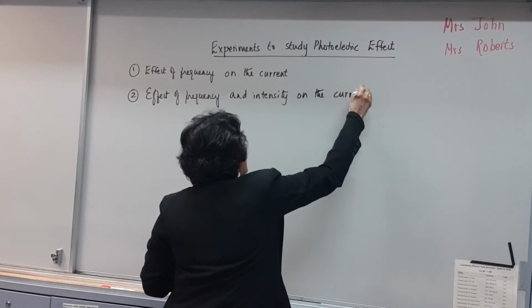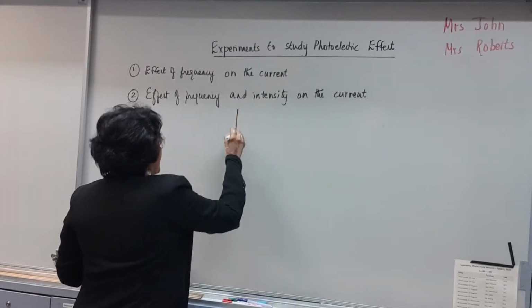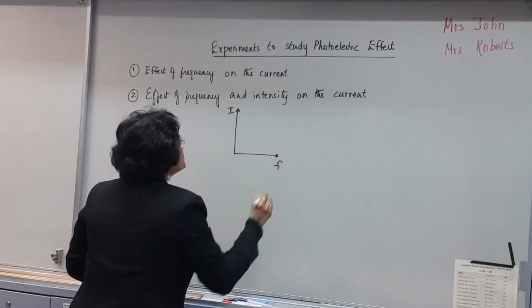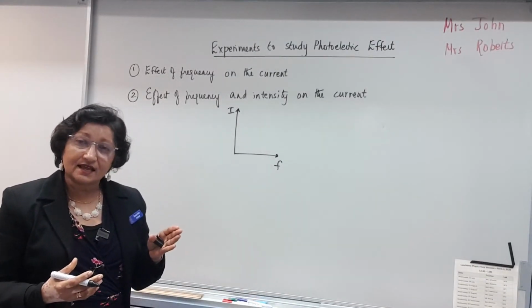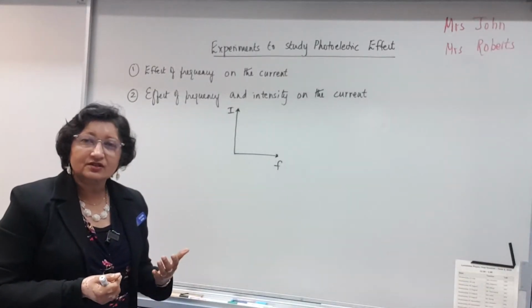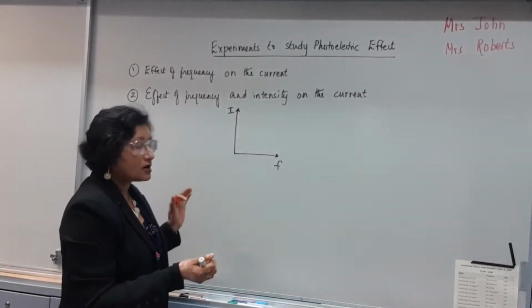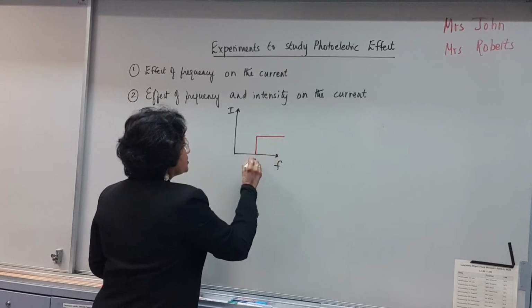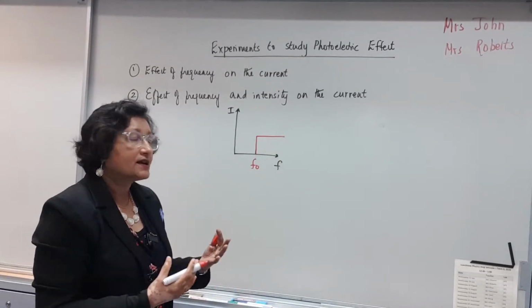So what they found was, they tried to do an experiment where they changed the frequency but kept the intensity the same, and they found that changing the frequency didn't really have much of an effect on the size of the current, so long as the frequency was above a particular value, which is called the threshold frequency. The instant light hit the emitter plate, a current flowed.